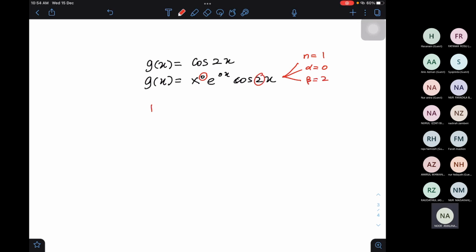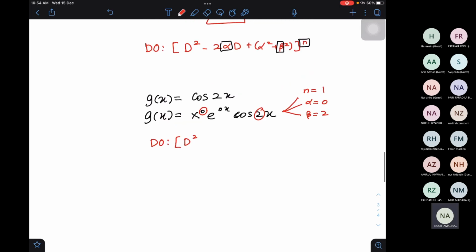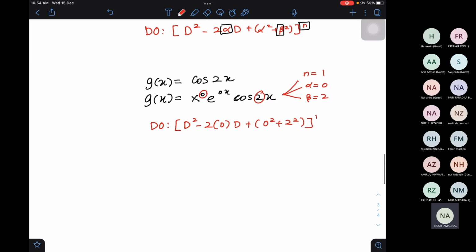So you can find the differential operator for this one, which is d square minus 2 darab alpha d plus alpha square plus beta square to the power of 1. Okay, n equal to 1. Therefore, you get your differential operator is d square, yang ini kosong, kosong tambah 4. D square tambah 4 kuasa 1. So, ini you punya differential operator.